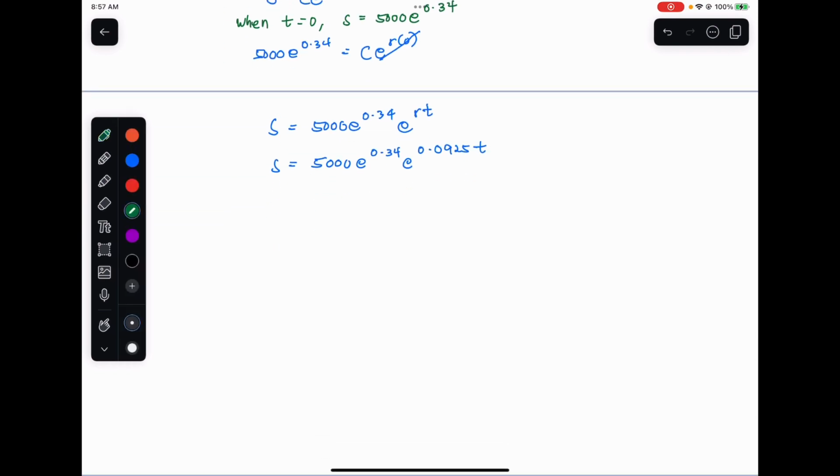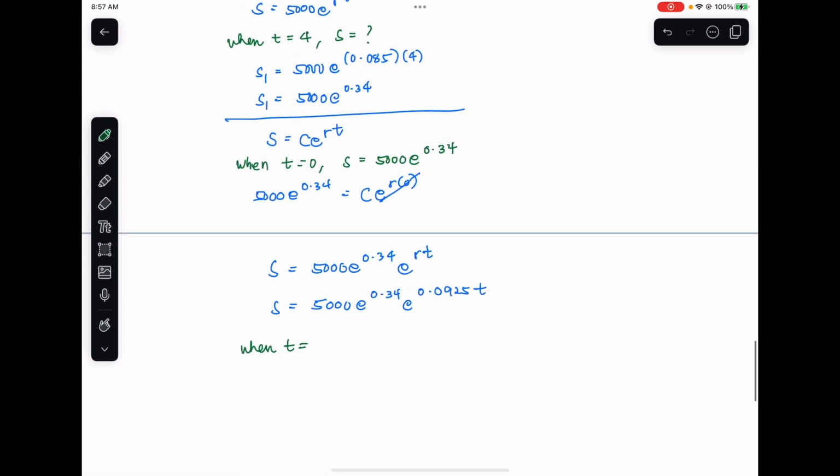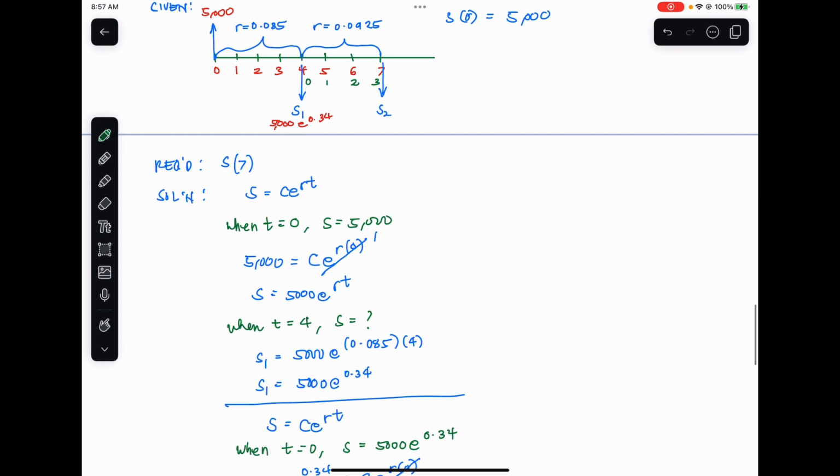When we are asked about the 7th year, that is the third year of the new interest rate of 9.25%: 0, 1, 2, 3.